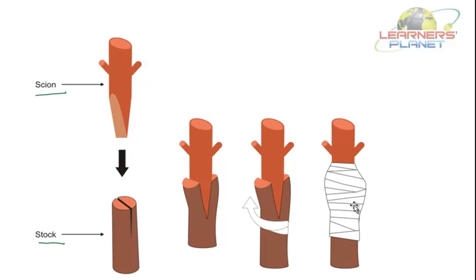Then in the fourth step you can see that the stalk supplies water and minerals to the scion, and in due course new cells develop in the area where they are joined and a new variety of plant develops, right? So this is basically common in plants such as rose, mango, guava and many other fruit plants.